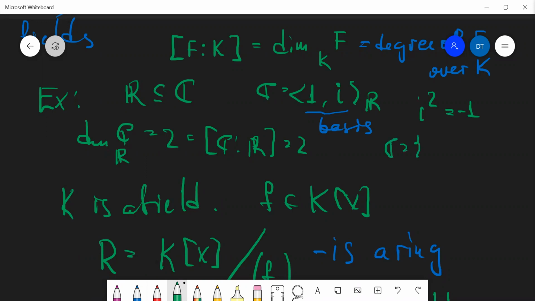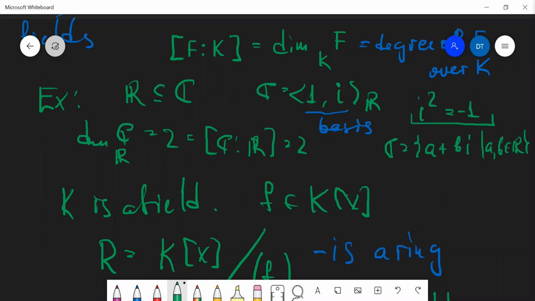C consists of elements of the form a plus bi, where a and b are real, and i is just a symbol for the root of this expression. Yeah, I know that, but then the basis does not consist of elements of R. Yeah, exactly. It cannot consist of elements of R, because otherwise all linear combinations would be inside R. But we want to get the whole C.